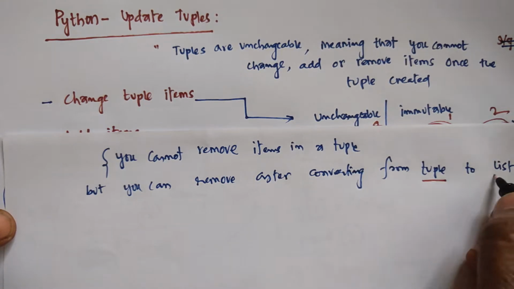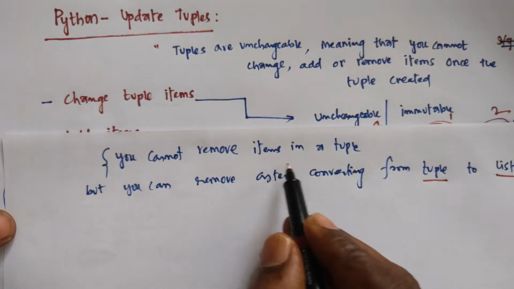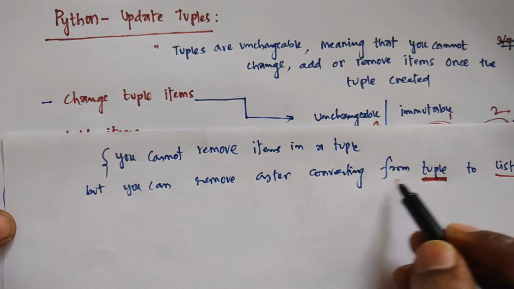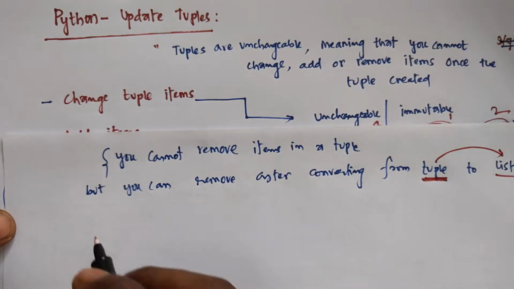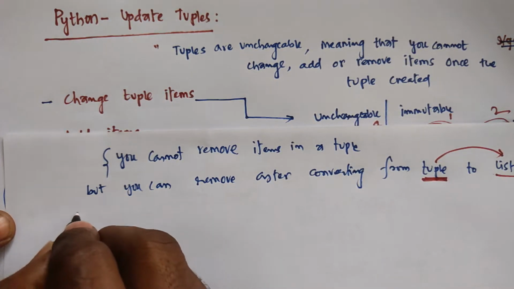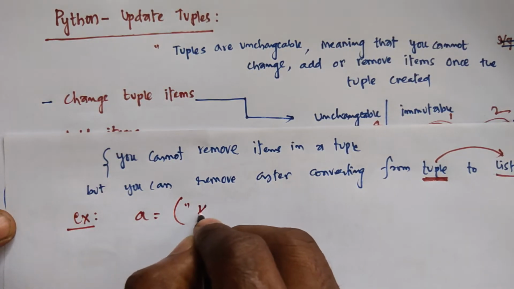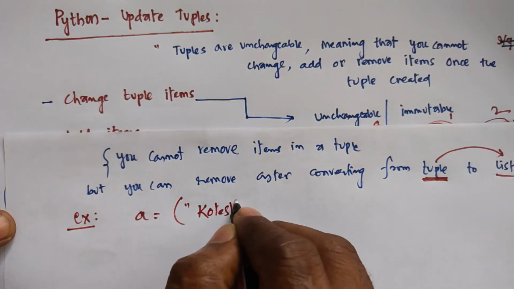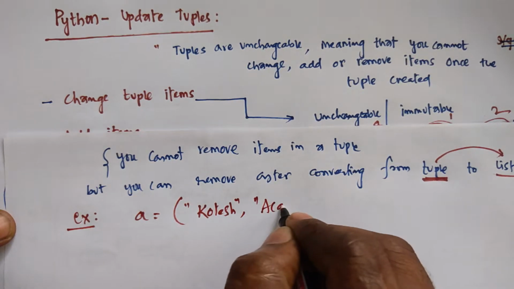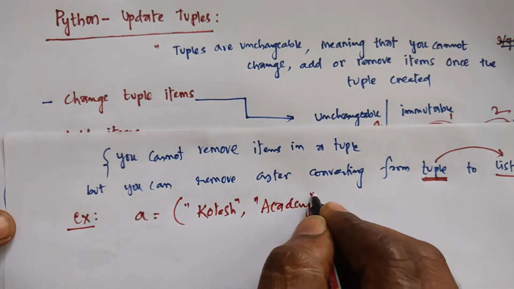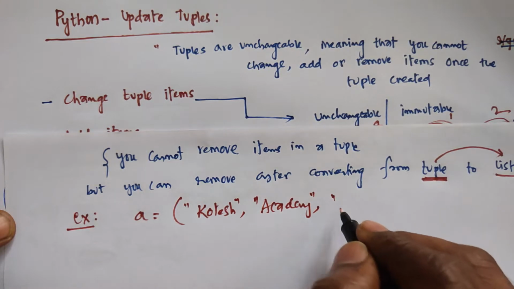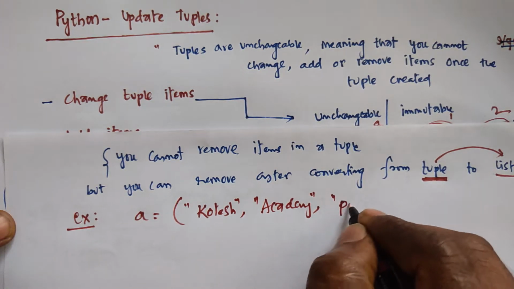First of all, since you can't remove any item in a tuple, you have to convert from tuple to list. For example, a is equal to Kotesh Academy, then you can take project.